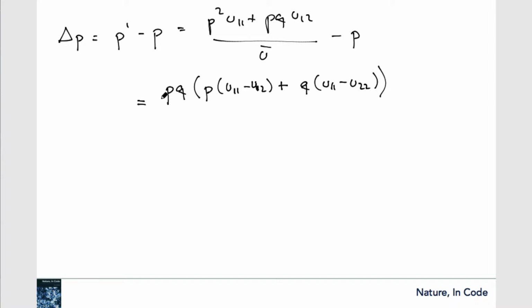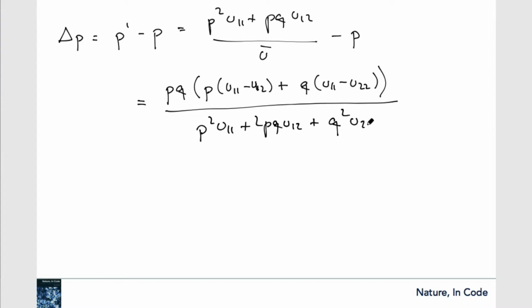So this whole term here is multiplied with PQ divided by W bar, which is, as we've seen above, P squared W11 plus 2PQ W12 plus Q squared W22.